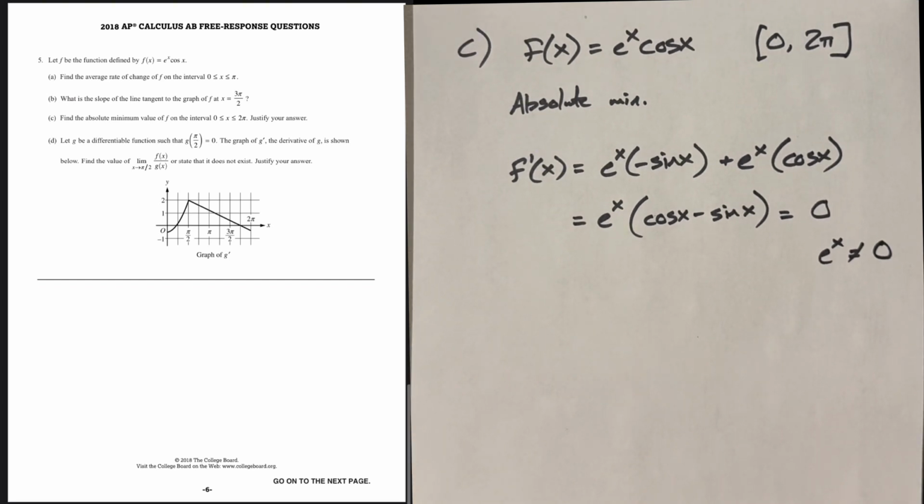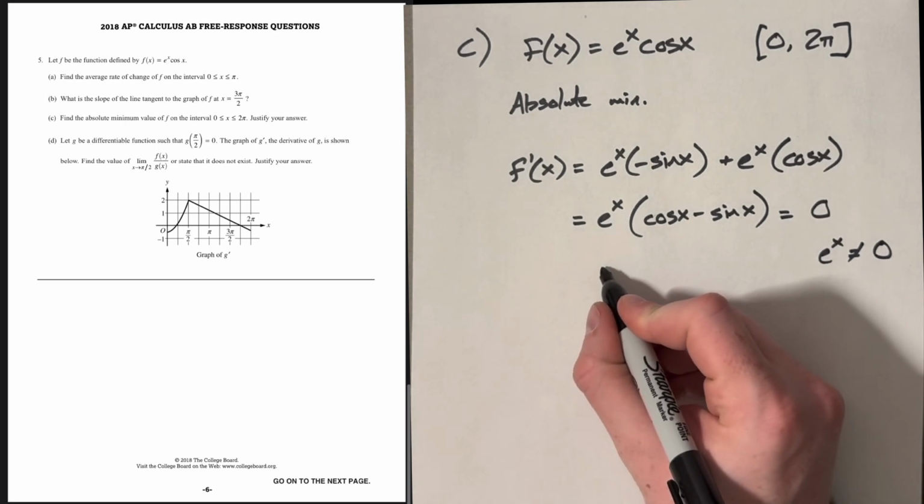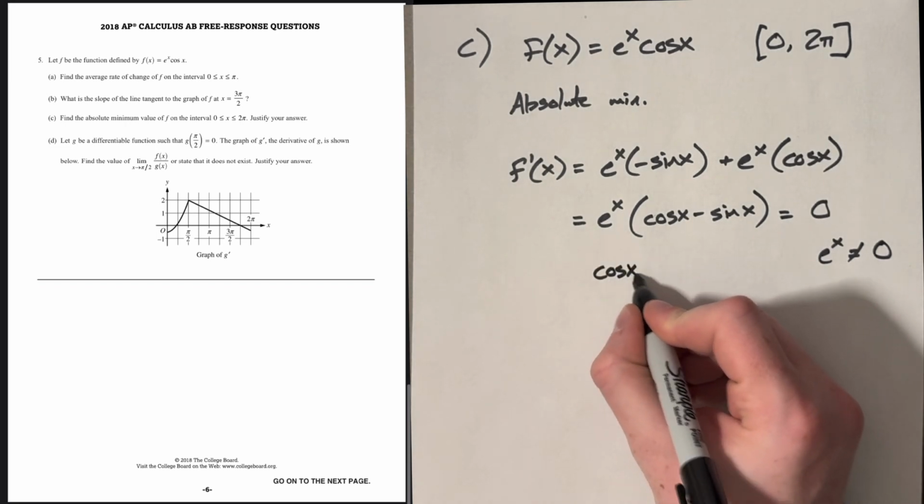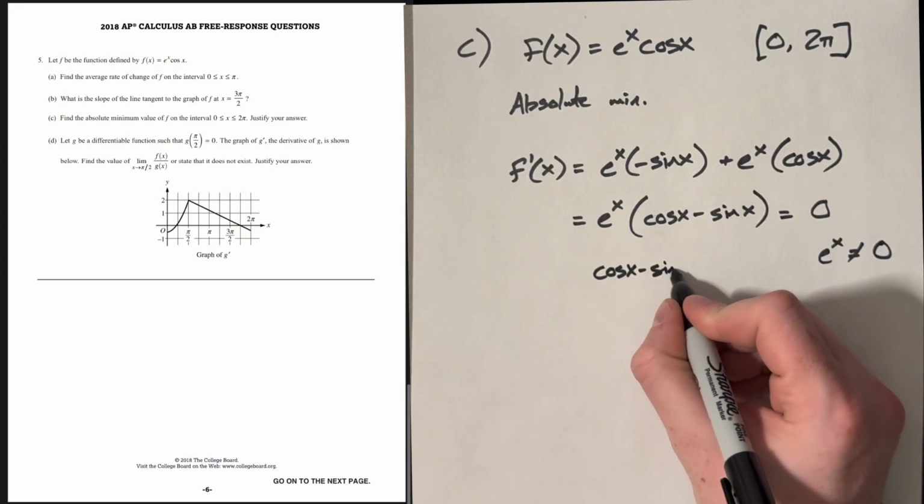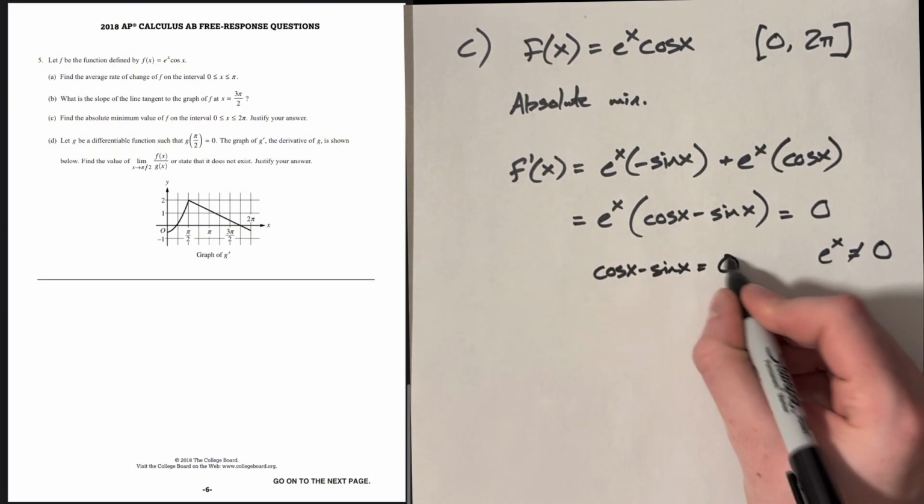And that's because any positive number, which e is, right? It's just a constant. Any positive number raised to a power will not equal 0. It will always be greater than 0. So our only remaining option is that the cosine of x minus the sine of x is equal to 0.